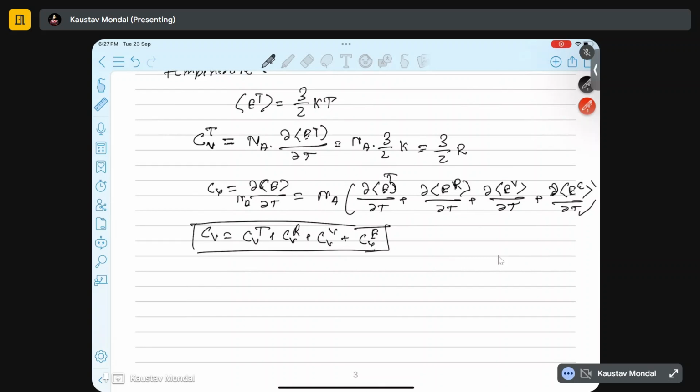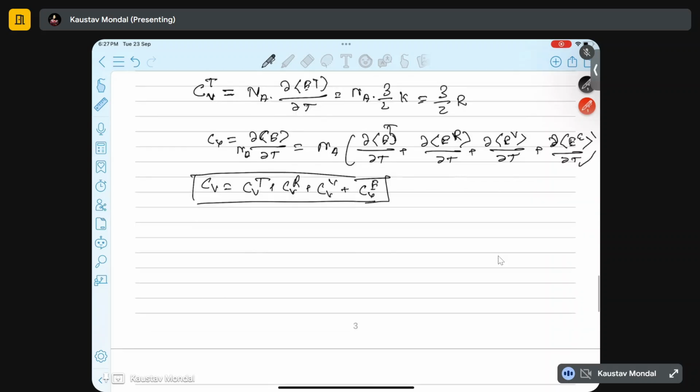Next, we take the rotational energy contribution. For the rotational energy contribution, the expression is very cumbersome.